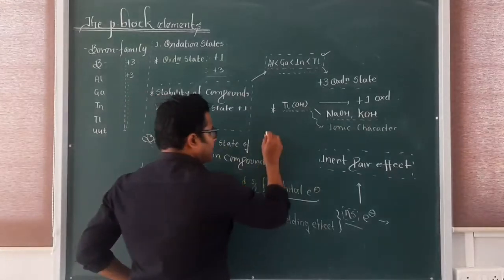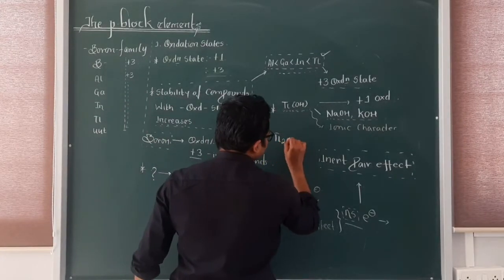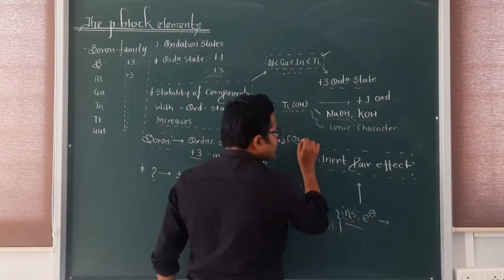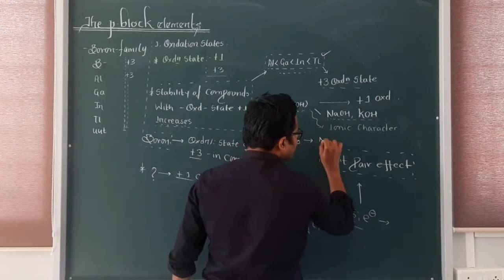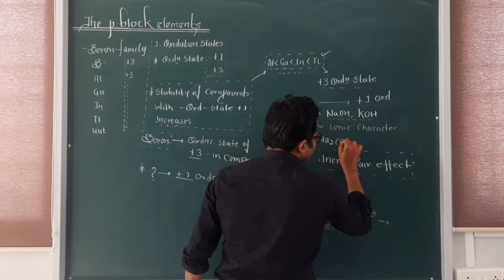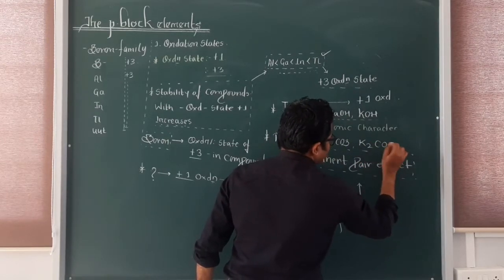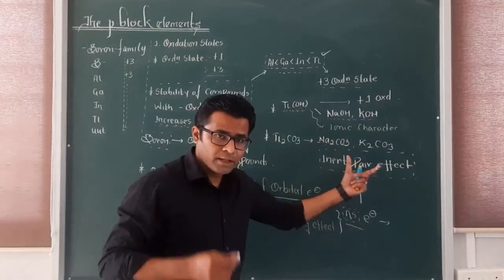On the other hand, there are compounds such as Tl2CO3. These compounds show characters very similar to those of Na2CO3, K2CO3, etc. Again, there is a resemblance of the properties.